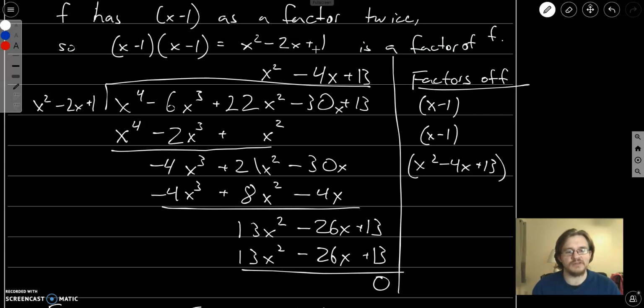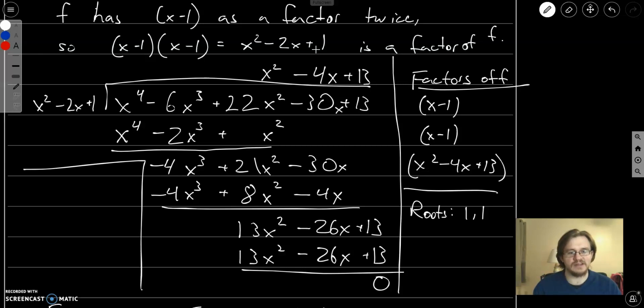Each one of the factors we'll set equal to 0. So if x minus 1 is equal to 0, we know that 1 is going to be a root, but it's going to be a root twice, for the first factor and for the second factor. And then for this last factor, we'll just have to use the quadratic formula.